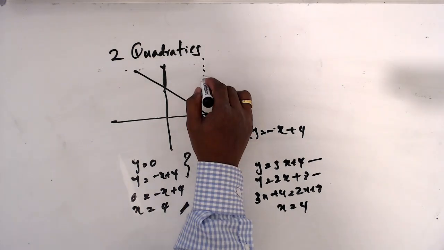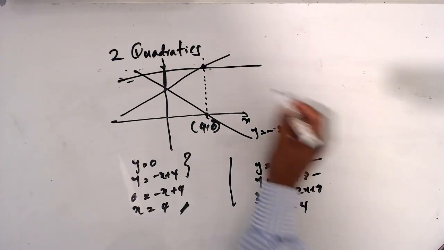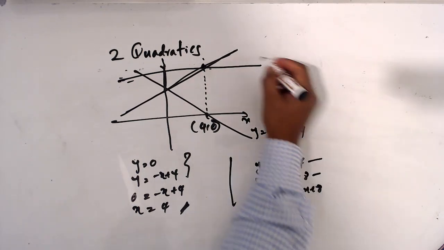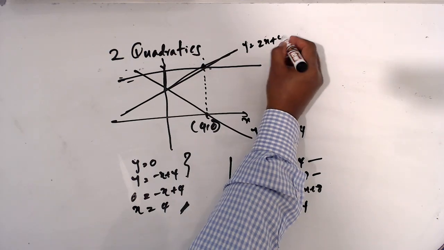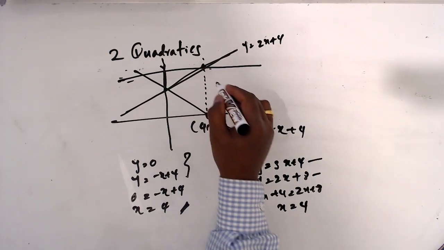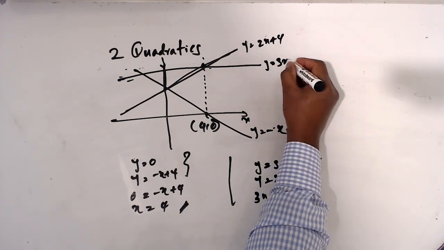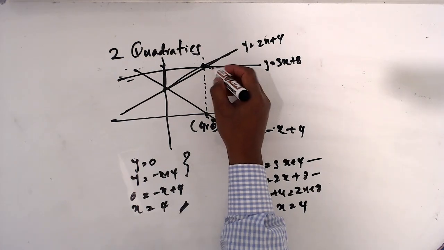I try to draw this one. This is y equal 2x plus 4, and this one is y equal 3x plus 8. So this is the intersection point.